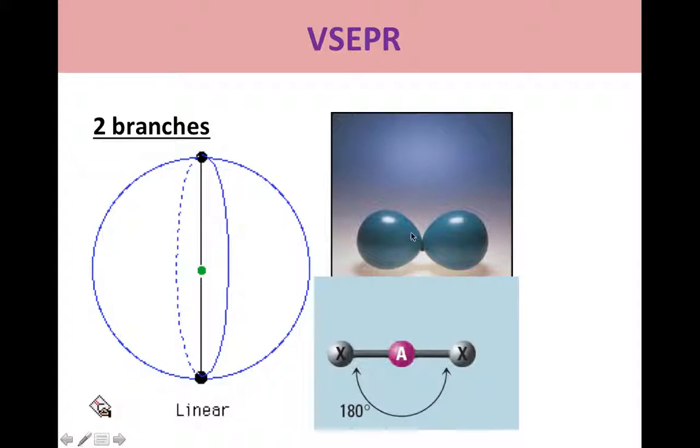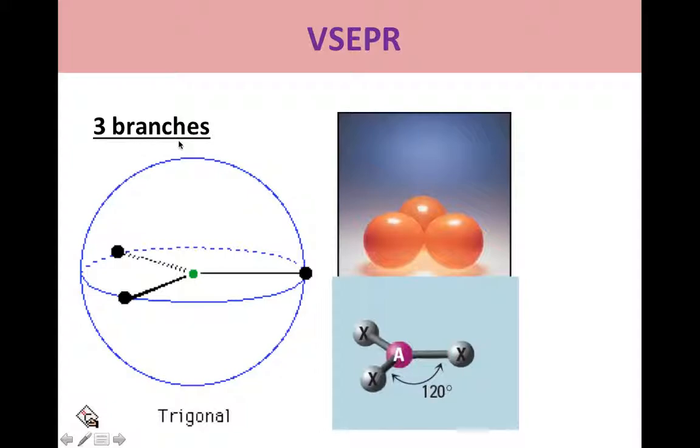So you have a central atom, and you have two branches. Okay, so this is kind of representative of a branch. So a central atom and two molecules on the side. This is the shape that it gets, 180 degrees. We call that linear.